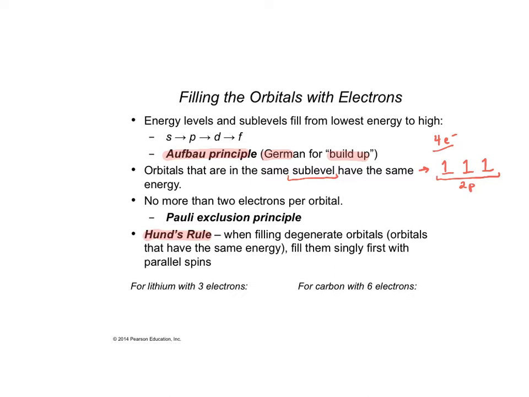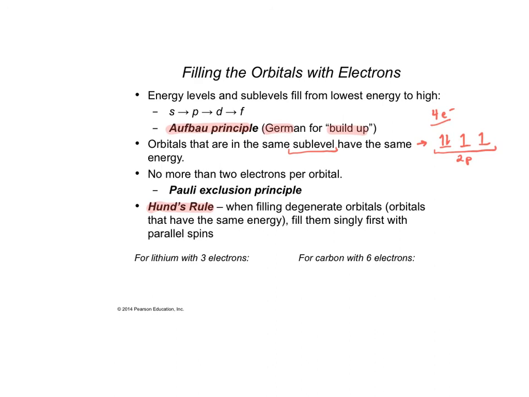So that's 1, 2, 3. Now that I've filled them singly first with parallel spins, I have one more electron to put in. I'm going to go back and pair the spin in the first orbital. So when we fill these degenerate orbitals, like the 2p orbitals, we fill them singly first, and then go back and pair their spins if we still have more electrons to put in.